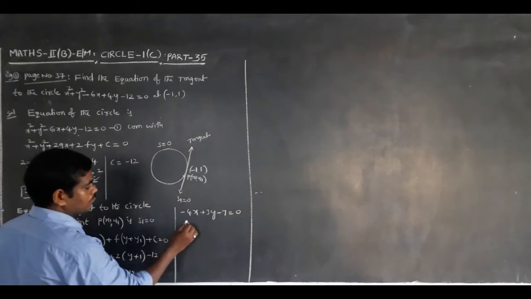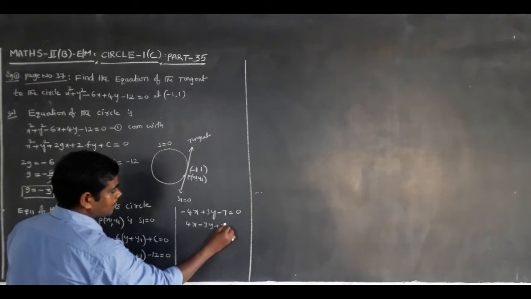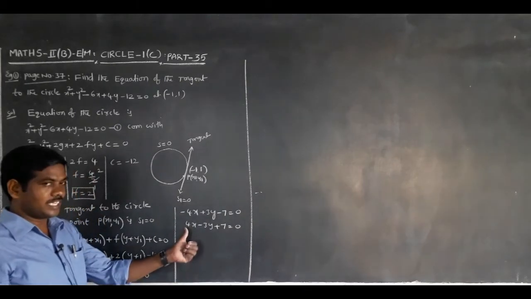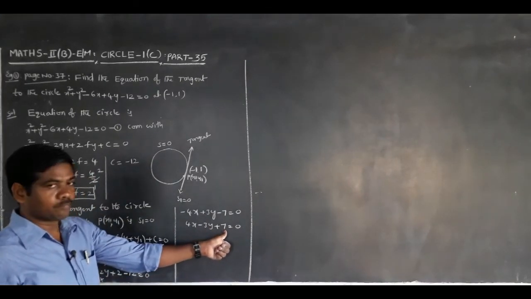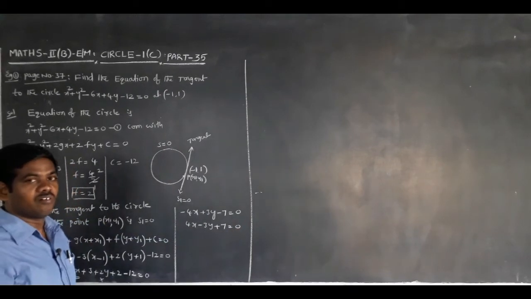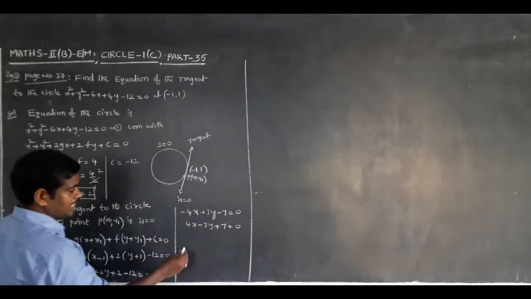Multiply with minus: 4x minus 3y plus 7 is equal to 0, which is the required equation of the tangent.